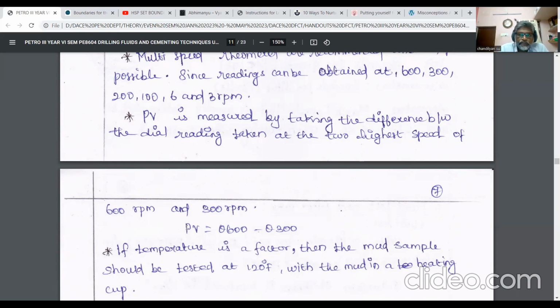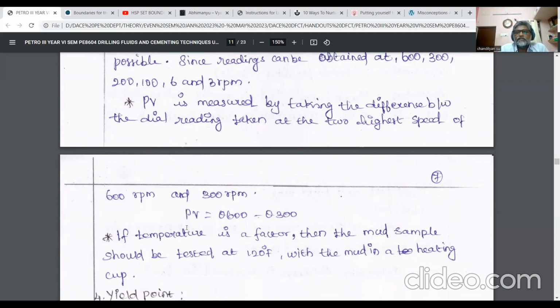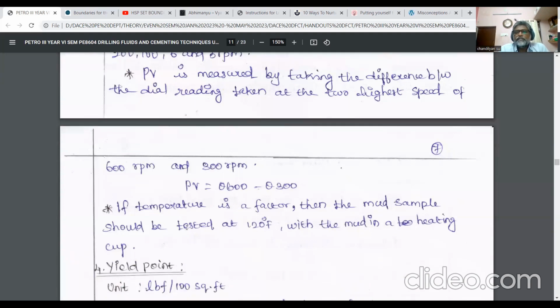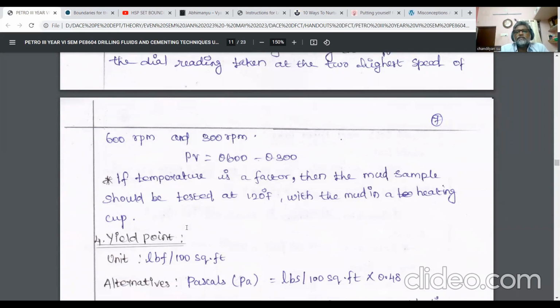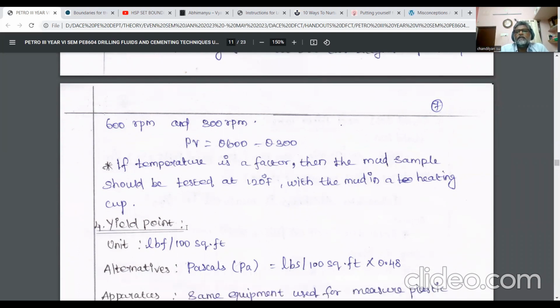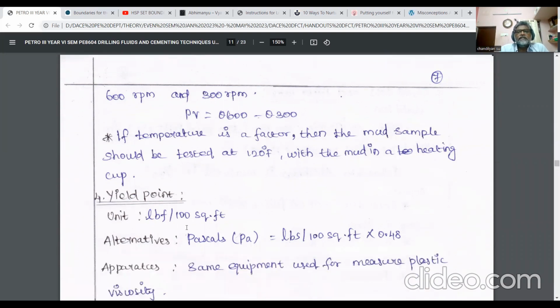Shifting from a liquid state to a solid state, given in terms of viscosity, is what is named plastic viscosity. The reading at 600 rpm minus the reading at 300 rpm gives you the plastic viscosity, and you have to perform this experiment at standard temperature, given as 120 Fahrenheit, with the mud in a heating cup.